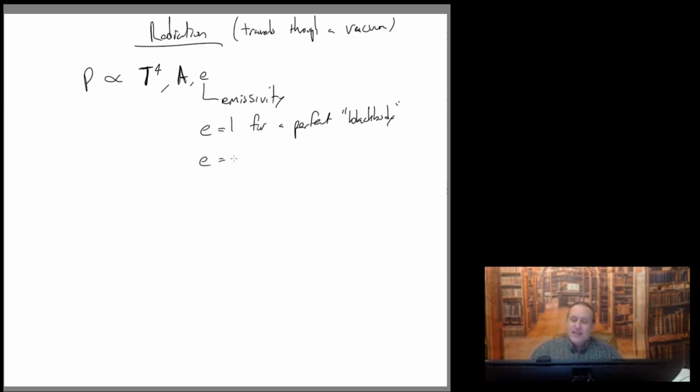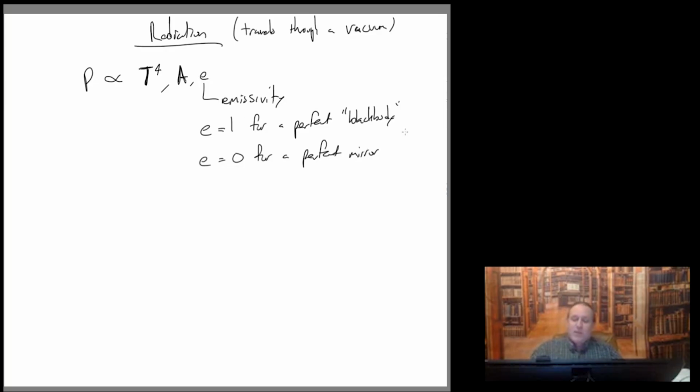So the emissivity is 0 for a perfect mirror. Again, it sounds a little backwards because when we look at a mirror, it's shiny. Mirrors seem bright and shiny, but that's reflected light. If we heat up a mirror, it's not really going to emit much light because it's also unable to absorb light.